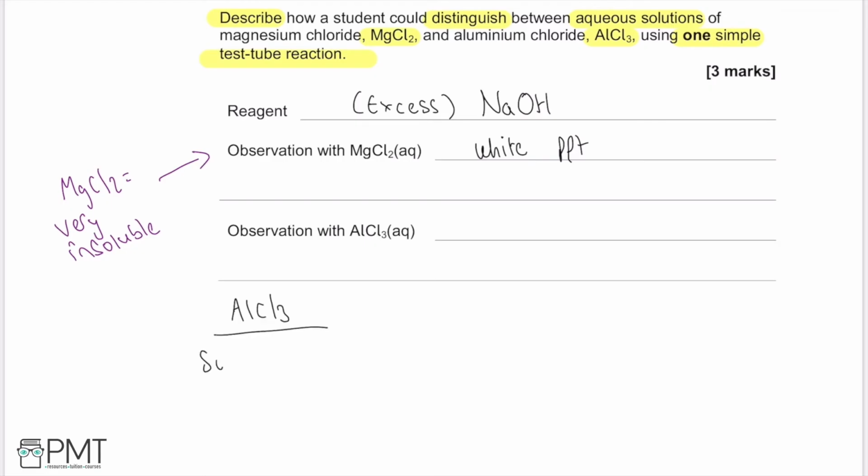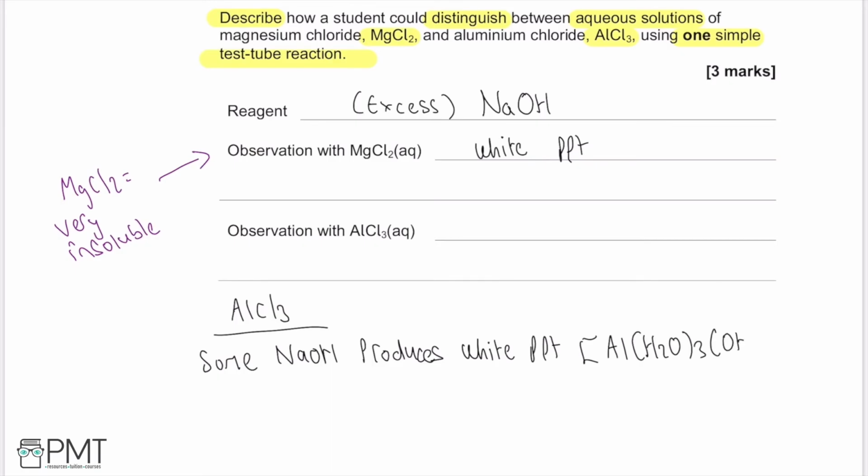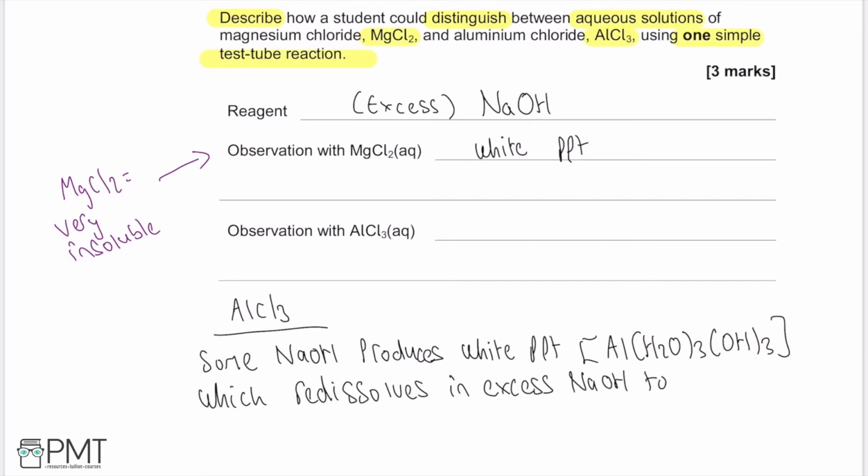MgCl2 will produce a white precipitate that will not redissolve with excess NaOH. This is compared to AlCl3, which initially, when reacted with some NaOH, produces a white precipitate of Al(H2O)3(OH)3, and then when reacted with excess NaOH, gives the colourless solution [Al(H2O)2(OH)4]-. And this gets us 3 marks.